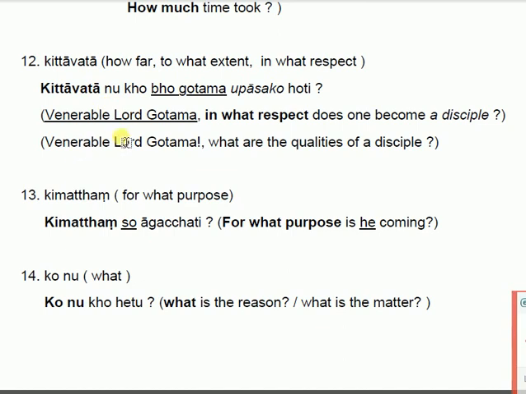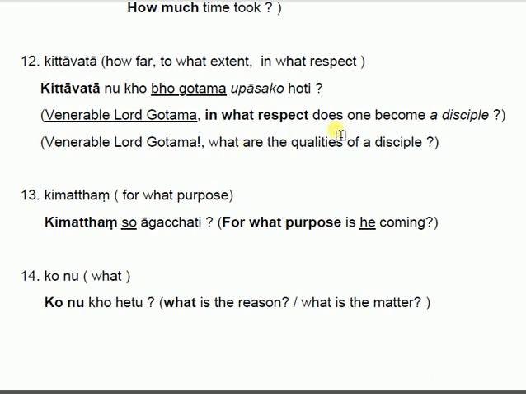Venerable Lord Gautama. Bhogotama, bho means venerable. Bhogotama, Venerable Lord Gautama. Kittavata, in what respect? This nuko is used for questioning. We will learn it later.